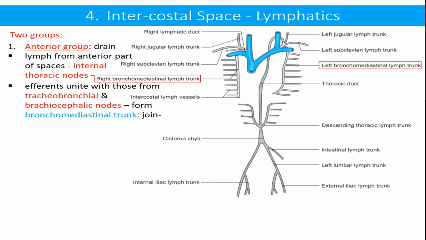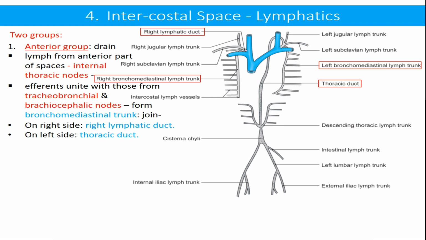Efferents from these nodes unite with those from tracheobronchial and brachiocephalic nodes and form the bronchomediastinal trunk, which joins differently on the right and left side.